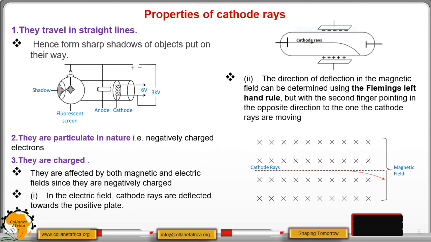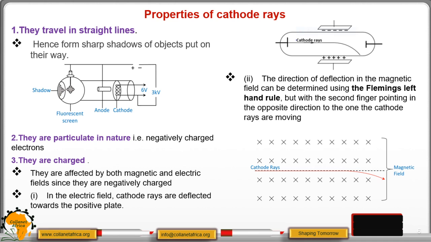It implies if cathode rays are electrons and they are moving in this direction, then the current will be in the opposite direction. And that is why we are saying that the second finger should point in the opposite direction to the cathode rays, or to where the cathode rays are coming from.